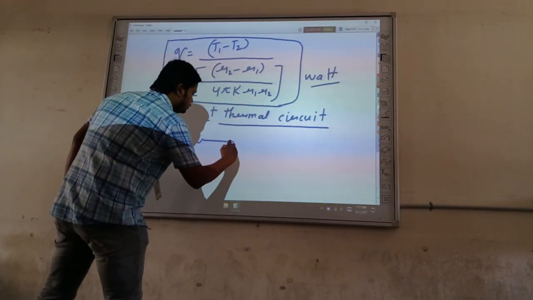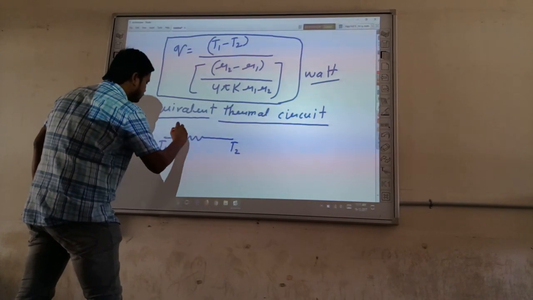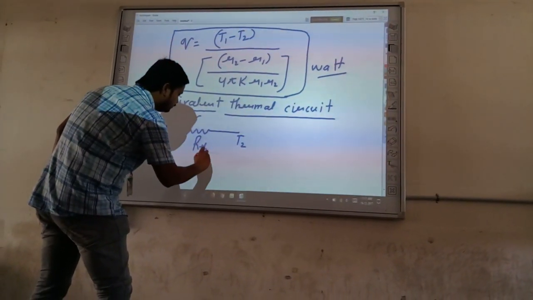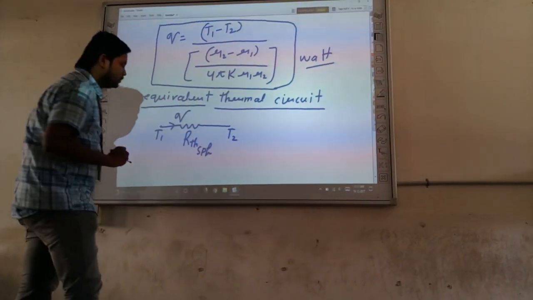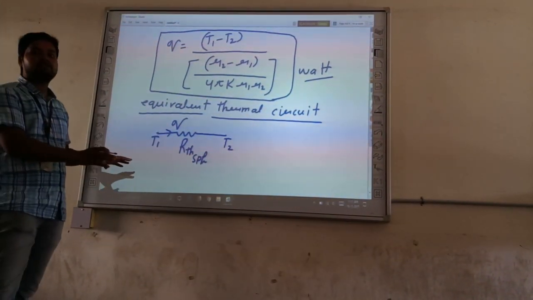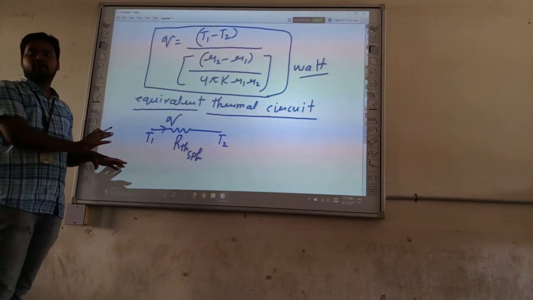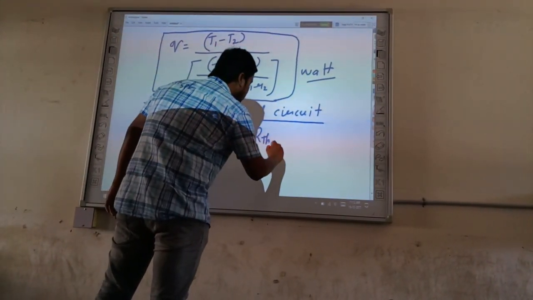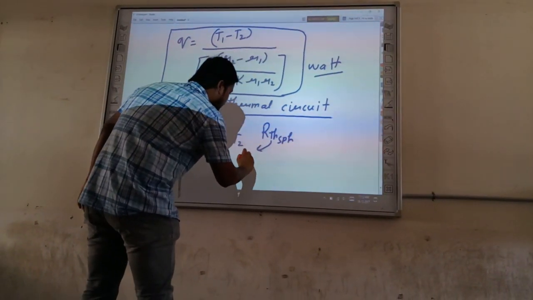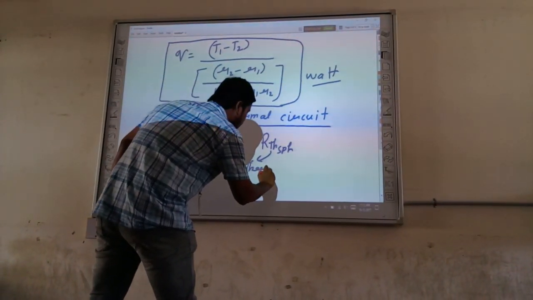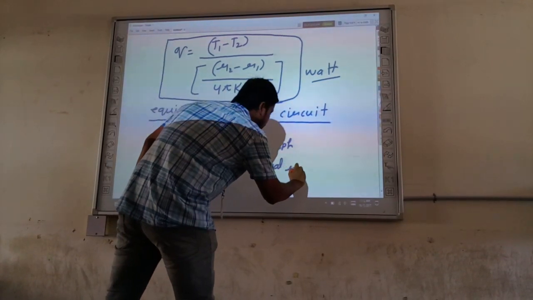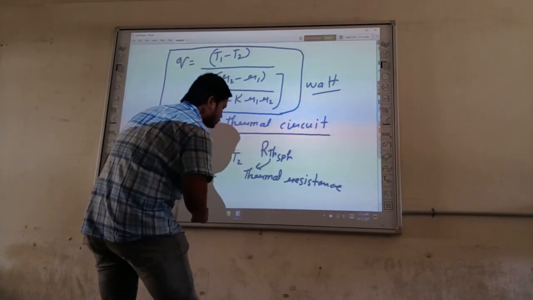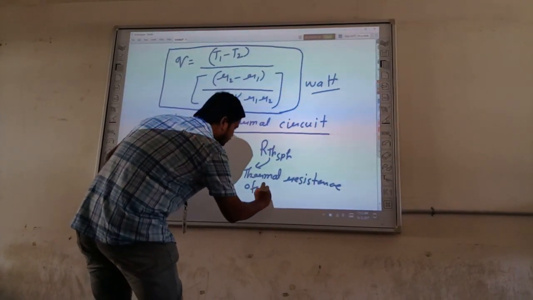So this is nothing but something like this. T1, T2, this is Q, and this is our thermal resistance of sphere.